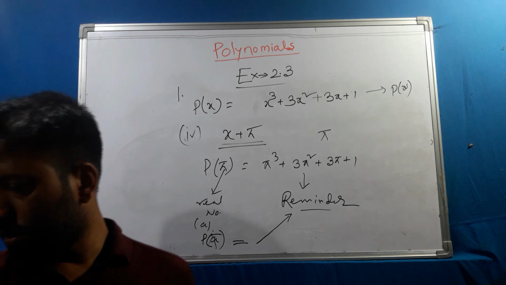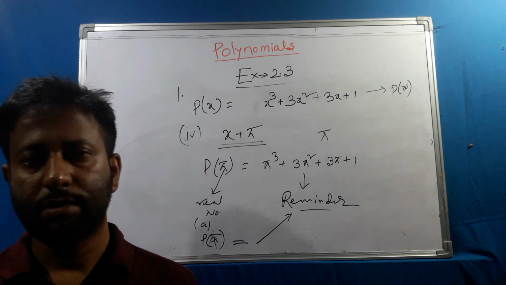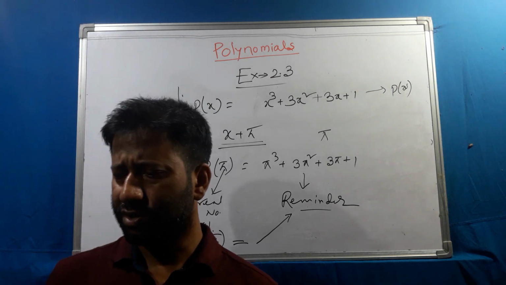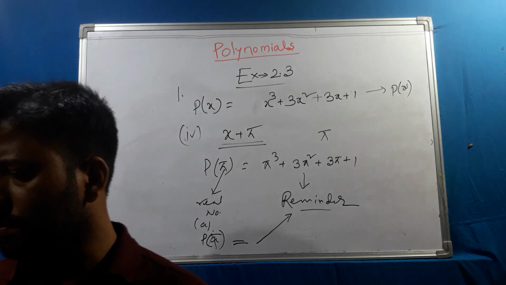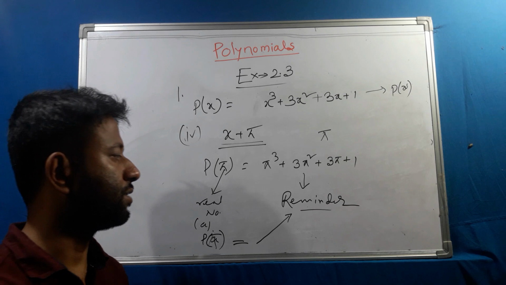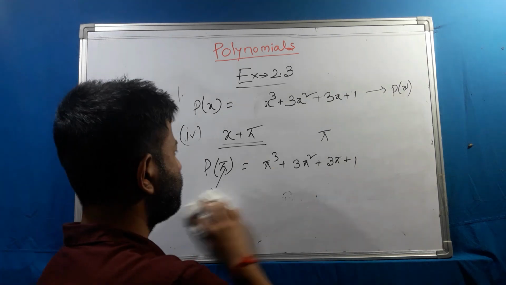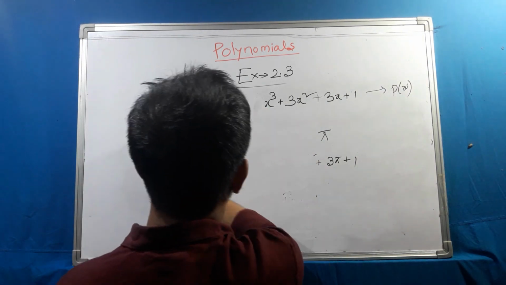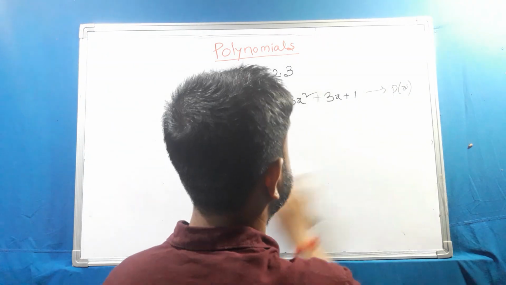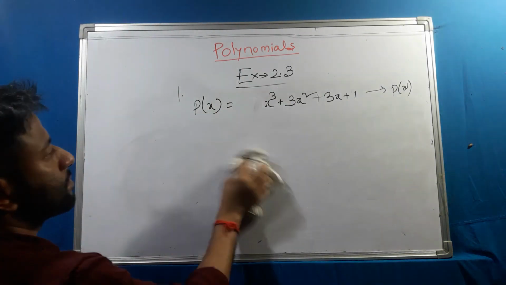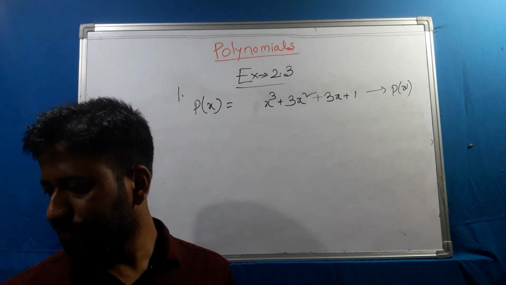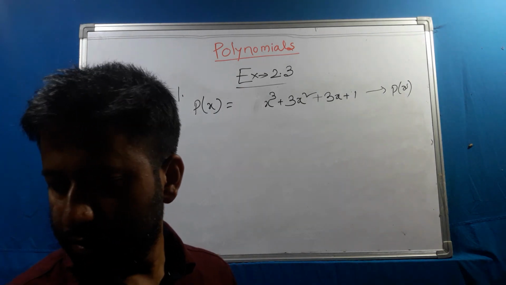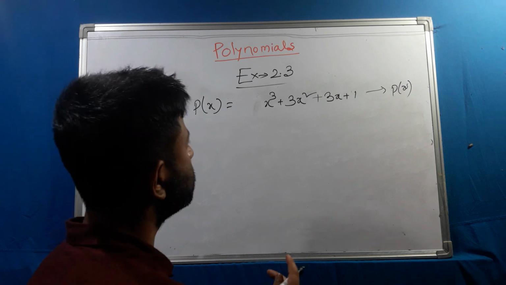Now we are trying to solve question number 2. They are asking to find the remainder when x cubed is divided by x minus 1. So this is the same kind of question.